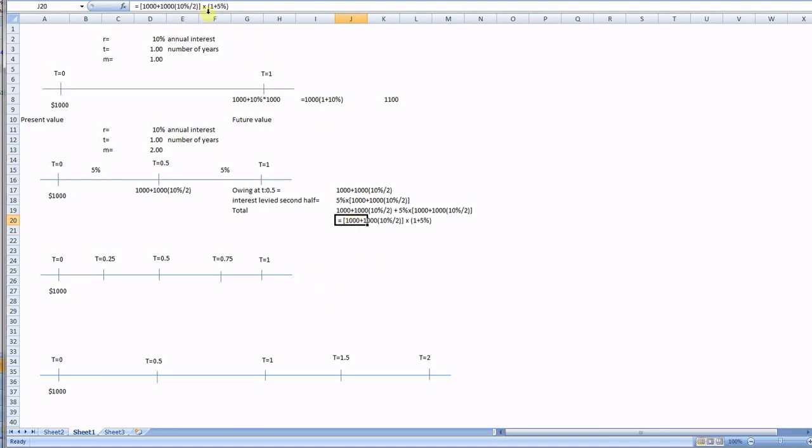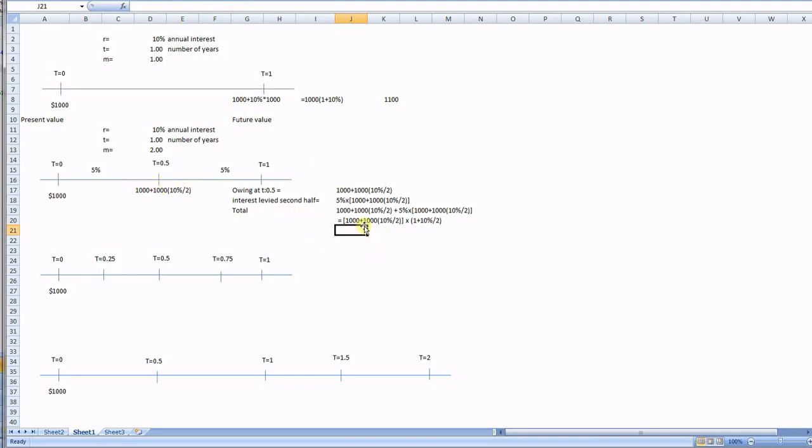Okay, so let me write this one in as 10 over 2, so it becomes clearer that 5% is a result of 10 divided by 2 compounding periods in the year.